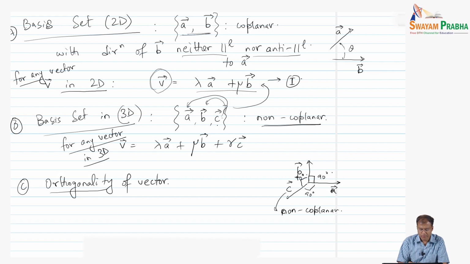Now we have an orthogonal basis A, B, C, such that the angle between any two of these vectors is 90 degrees and they are non-coplanar, right?